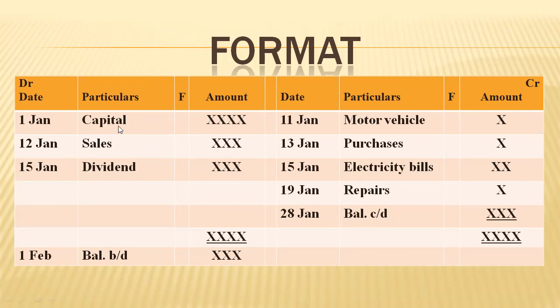It is debited because money has come into the account. Also, when you make sales, they are going to definitely give you cash. That's when you make cash sales. They are going to give you cash, and so it will be recorded on the sales. If you have investment in another organization and they pay you dividend, dividend will be an income, and as such, it will be recorded on the debit side of your cash book.